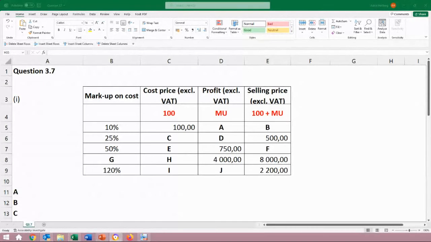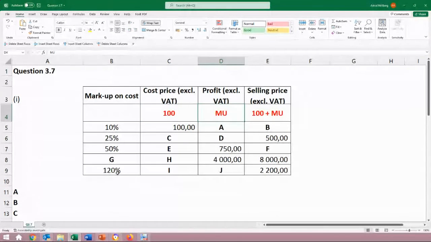Okay, so for something like this, when they give you a table, the first thing I would suggest you do in a test or exam is add here at the top what the formula is, or how you actually calculate it. You'll see the cost price I said is 100. Then the profit is your markup.